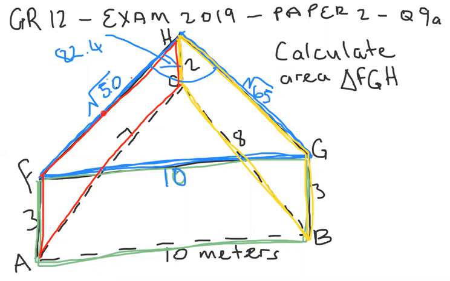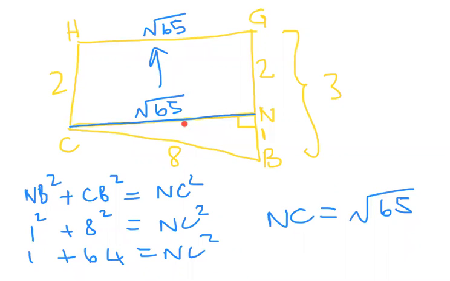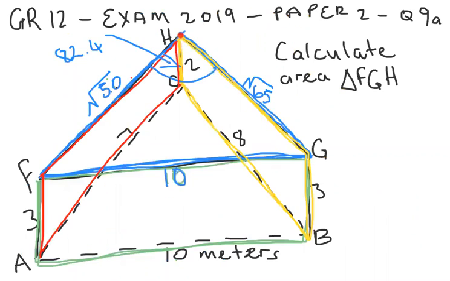I couldn't do that because we have a 3 over there and a 2 over there. So for that, and for the yellow one is the same, I just went separately and I used this method to get square root of 50. I did the same for the right hand side. I got square root of 65. That's why I ended up with that 3 sides over there.